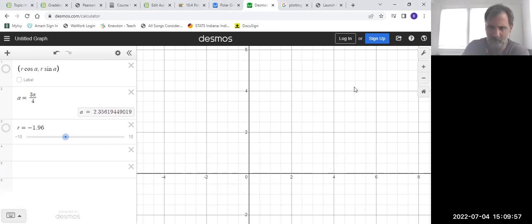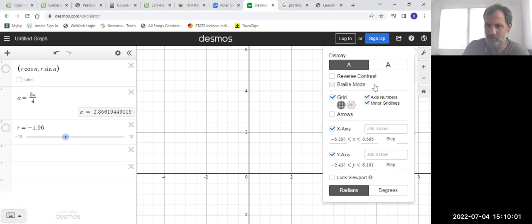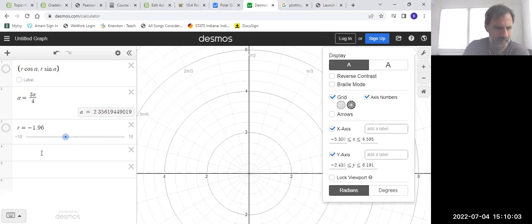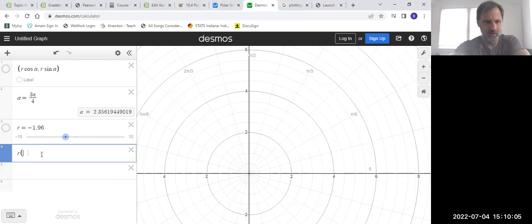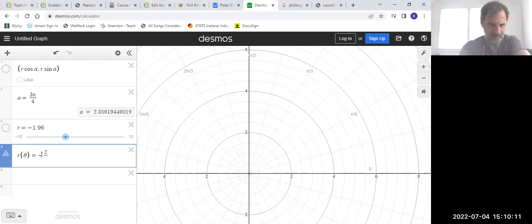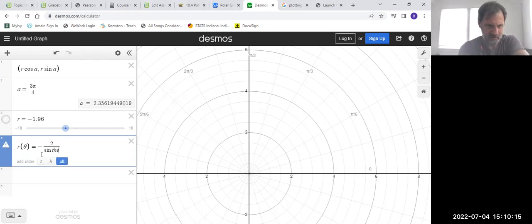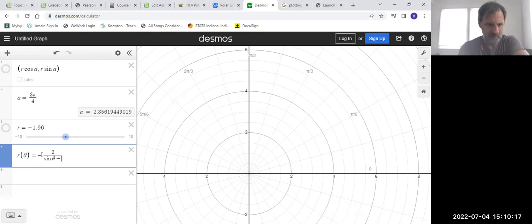Let's switch back to polar. So we said r of theta equals -2 divided by, and we had sine theta minus 3 cosine theta.